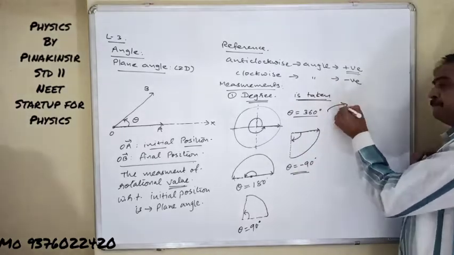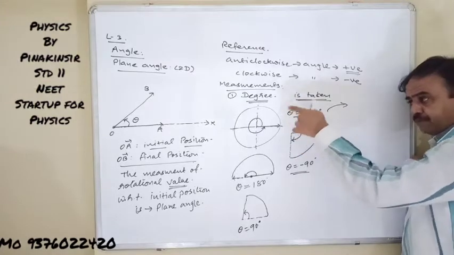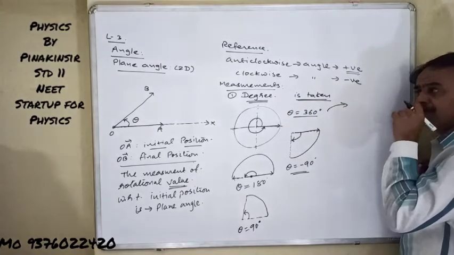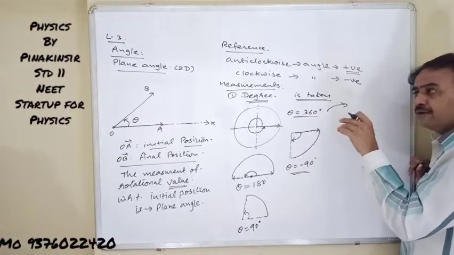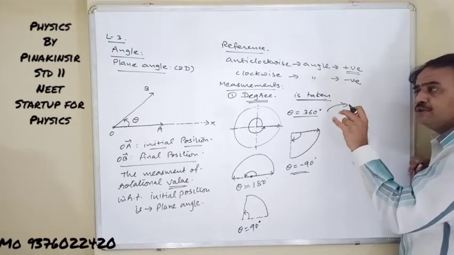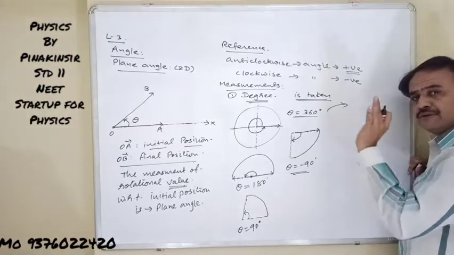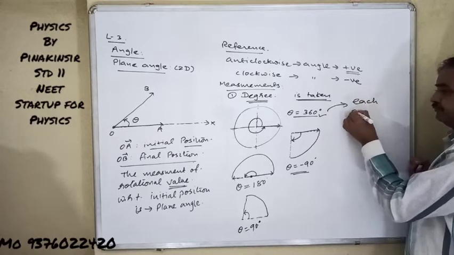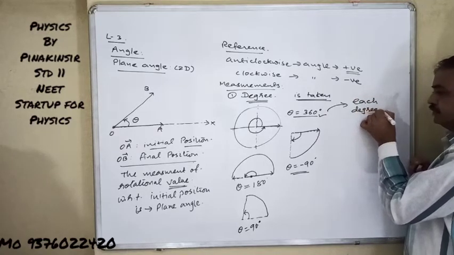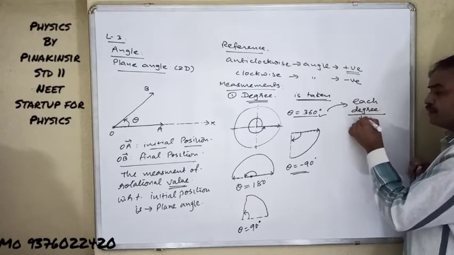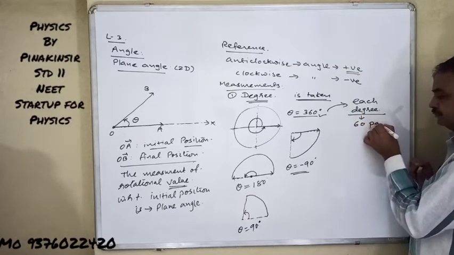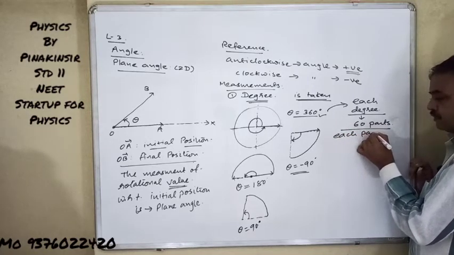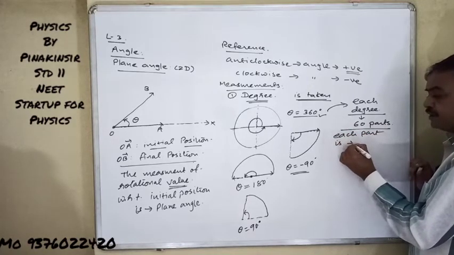Further, the complete rotation is 360 degree, and thereby we can say that plane angle is measured in degrees, or you can say that the unit of measuring angle is degree. Each degree is divided into 60 parts, and each part is said to be a minute.